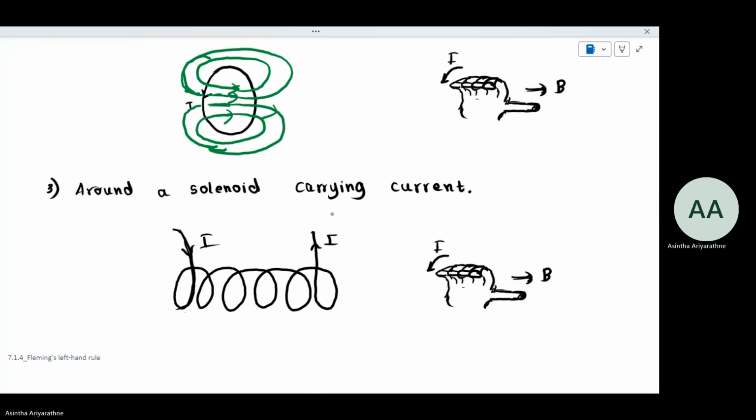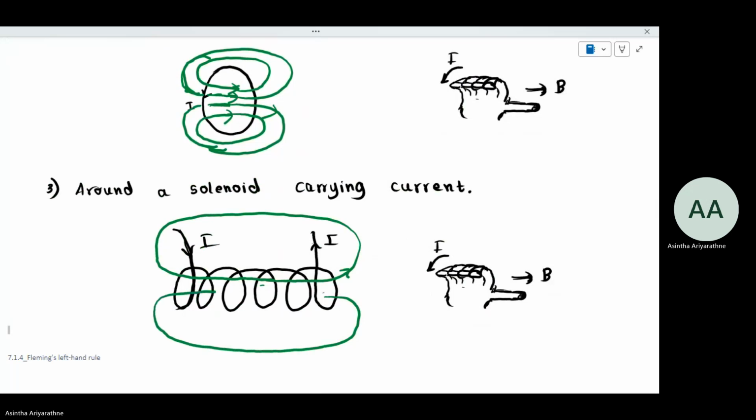So here also the magnetic field is in this manner.